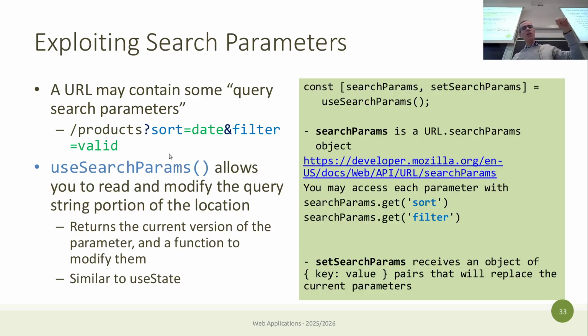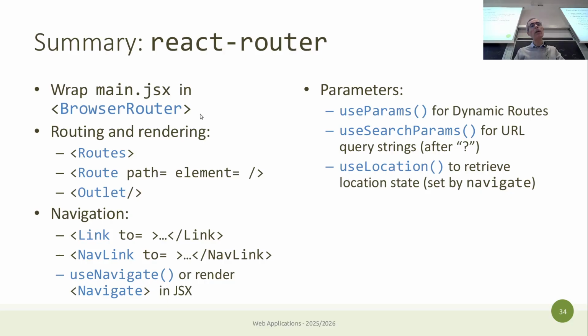So write the question mark and so on. And when you want to use it inside the component, the nice situation is that you have a hook that can process the part after the question mark for you, okay? You don't have to write a lot of code parsing strings that contain ampersands and equals, etc., also because they can be escaped and so on, so just rely on standard functions, okay?